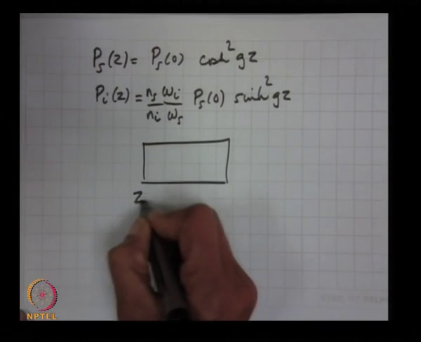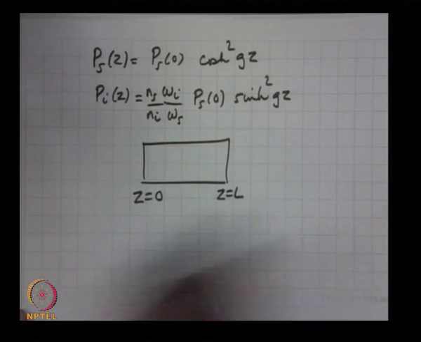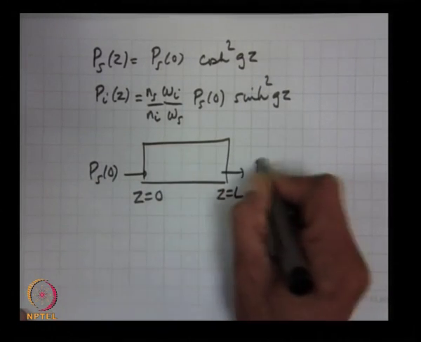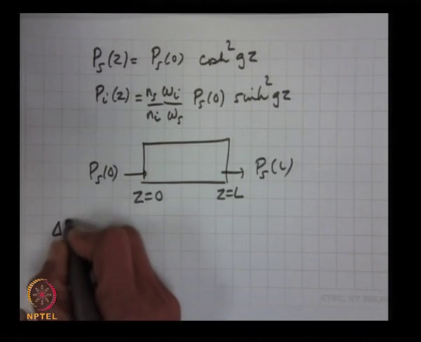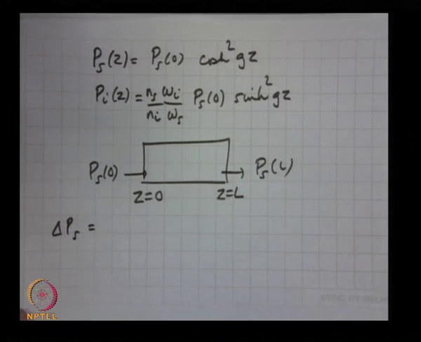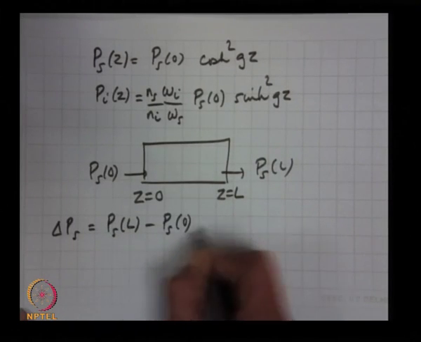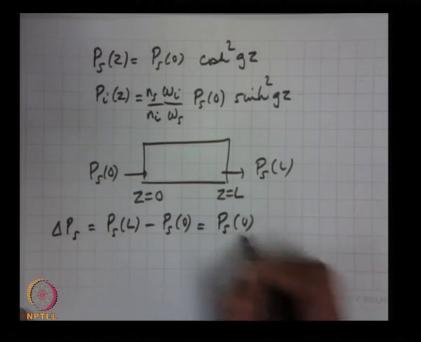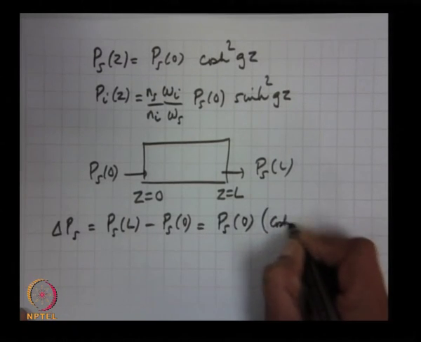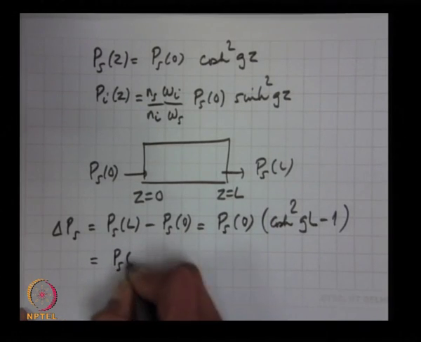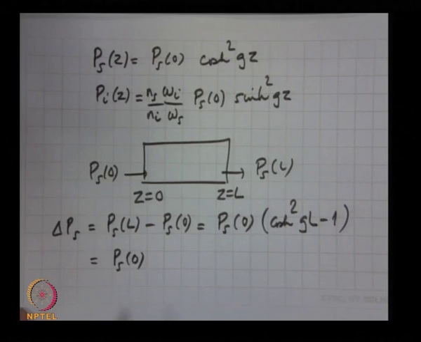Suppose the interaction started at z equal to 0 and comes to z equal to L. Here the input was Ps of 0, here I am getting Ps of L. So delta Ps, the change in the signal power, is Ps of L minus Ps of 0, which is Ps of 0 into cosh squared GL minus 1, which is sinh squared GL.